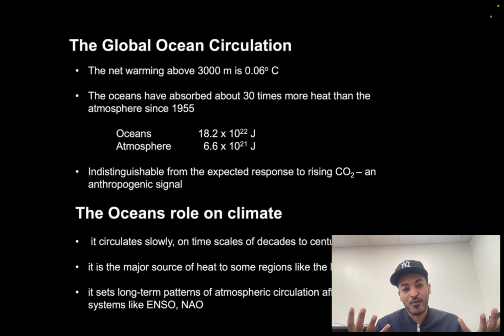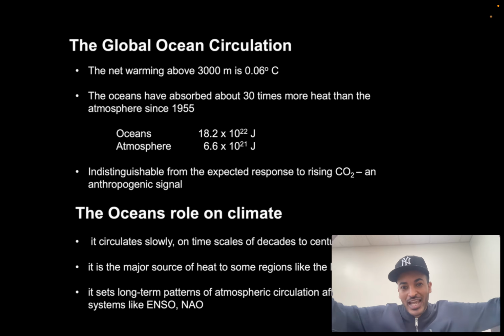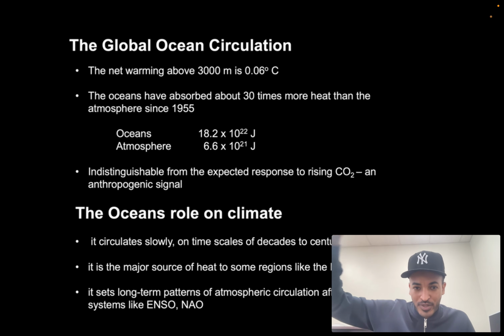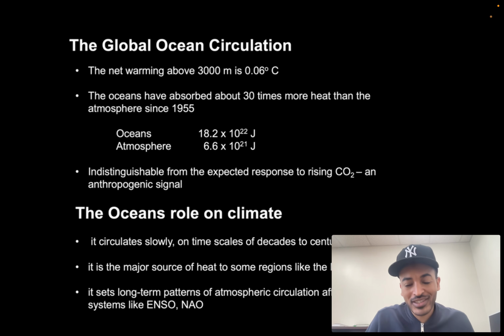So the oceans help us in a way by naturally mitigating climate change, right? Because they absorb the heat that's consistently being released to the atmosphere. So it's a heat sink in a way, but up to a point, right?